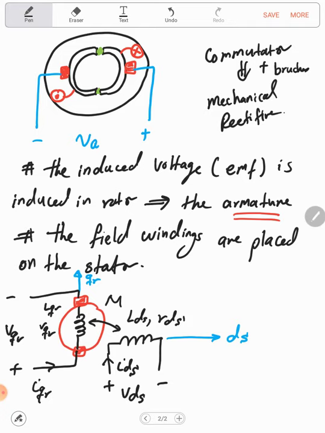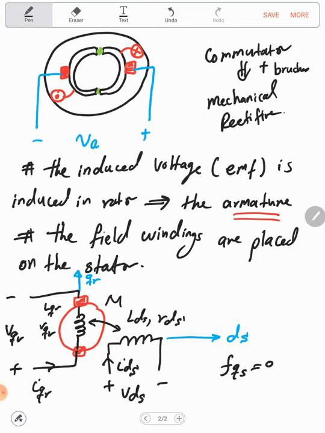Now, if you notice here, we don't have any coil in the QS or any coil in the DR. So simply this means that we have the following condition, that any function in the QS will equal 0, which means that the current IQS is 0, the voltage in the direction of the QS equals 0.